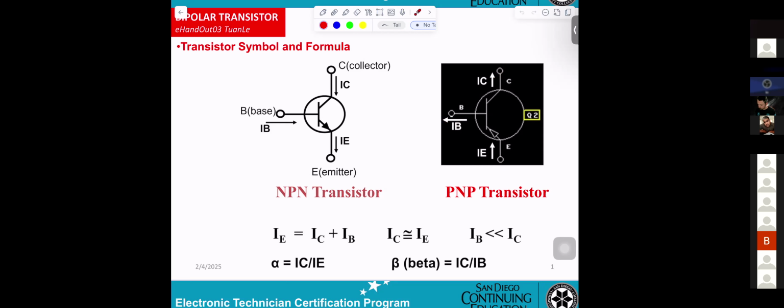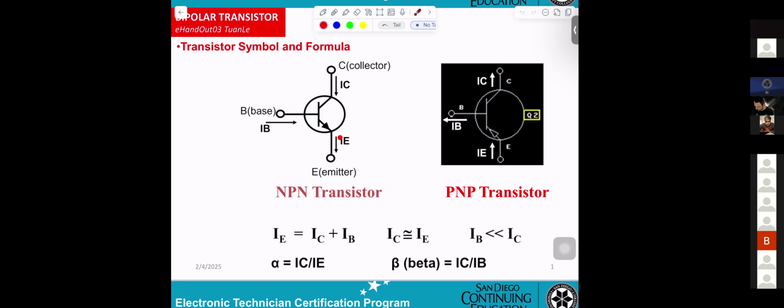You can see the difference between the current flowing. NPN, the current flows into the transistor. IC means collector current flows into it.